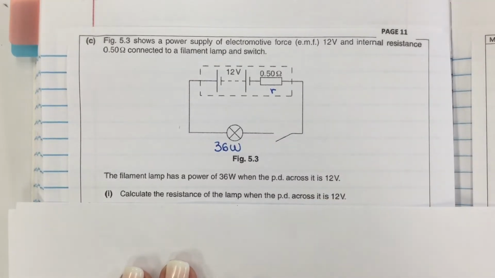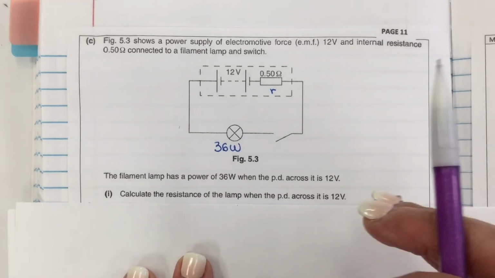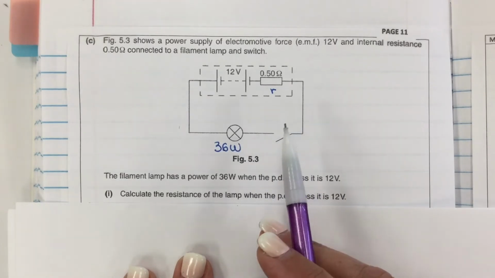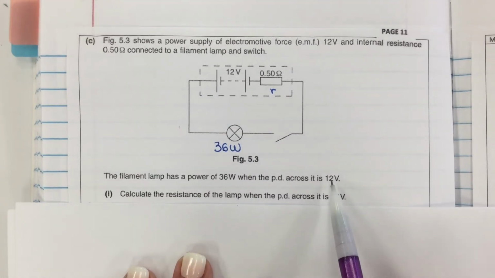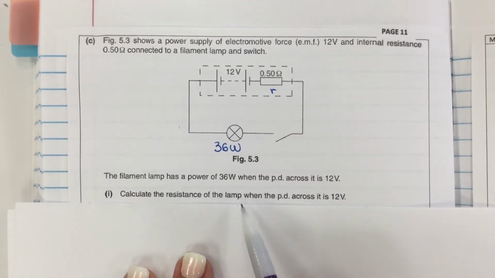One thing that we need to add here is the manufacturer specification of the light bulb. The light bulb came from the manufacturer, printed 36 watts, and the voltage across of 12 volts. And in that case, what is the resistance of this lamp?